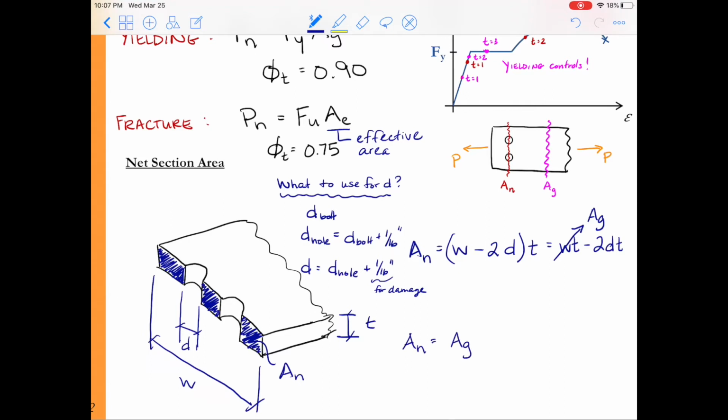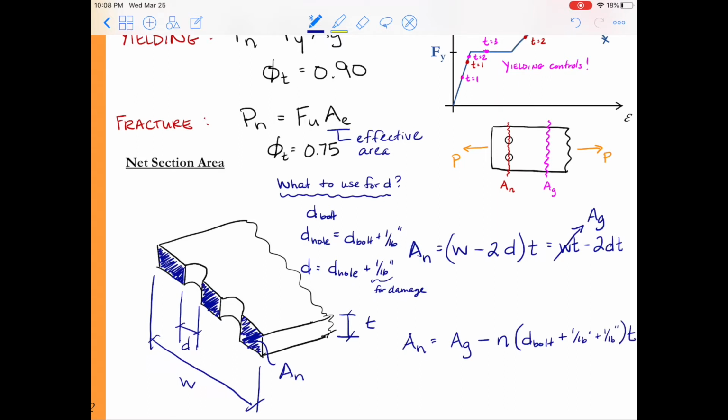For now, we'll write a general formula for the net section area. That's going to be the gross sectional area minus N, where N is just the number of bolts through the cross section of the member. So in this case, it was 2. So we have A_g minus N times the diameter of the bolt plus a 1/16 inch for the hole plus a 1/16 inch for damage.